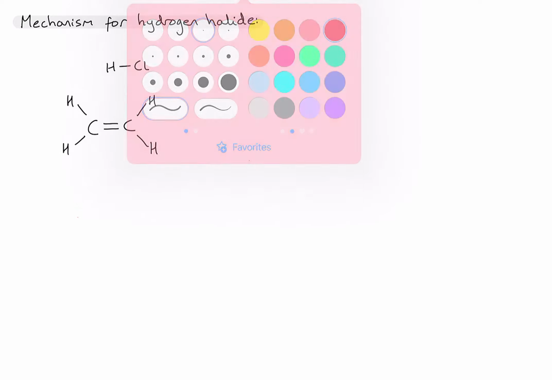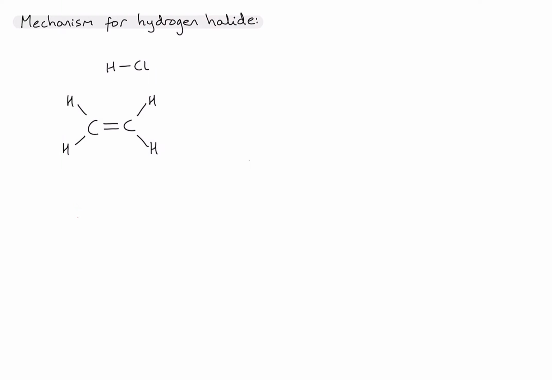In this example, we can see in my alkene I've got a double bond, and that double bond is probably going to be an area with fairly high electron density, acting as a kind of region of negative charge. On my hydrogen chloride molecule, it's important to note that that molecule is polar.